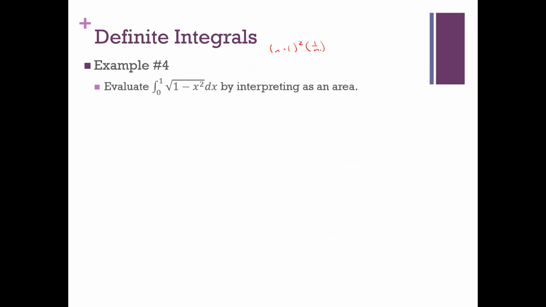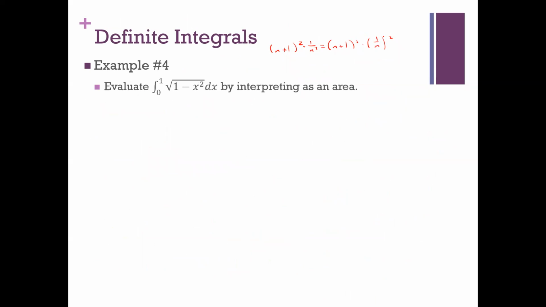So this is the multiplication that's kind of mysterious, right? The thing on the left is squared. The thing on the right I can rewrite like this: n plus 1 squared times 1 over n squared.